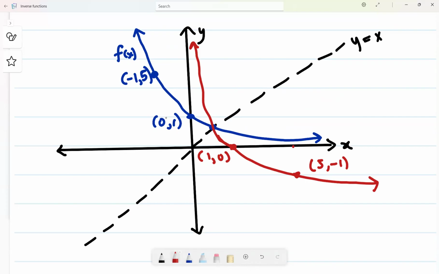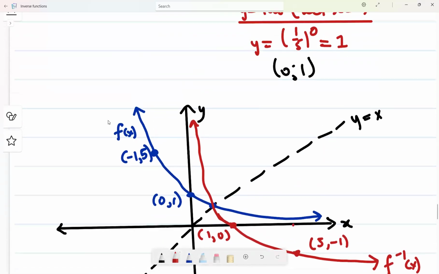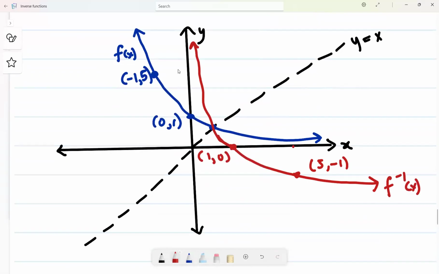Cool. But now I need you to realize something. This is a decreasing function, right? F of x is a decreasing function. Similarly, can you see now the inverse is also a decreasing function?